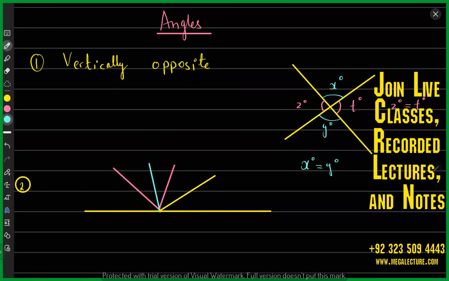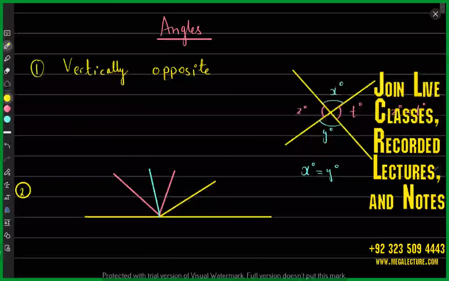What is the property exactly? So the property says that this angle, let's say this angle is A, this is B, this is C, this is D, and this is E.